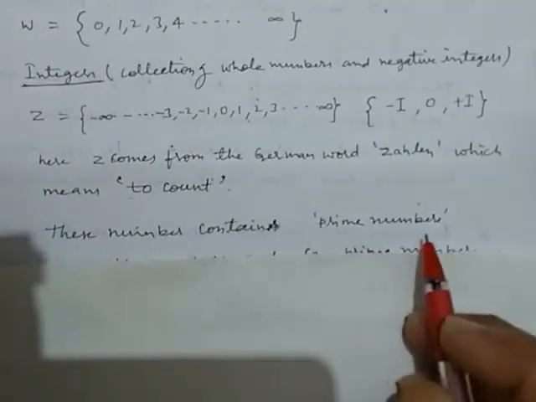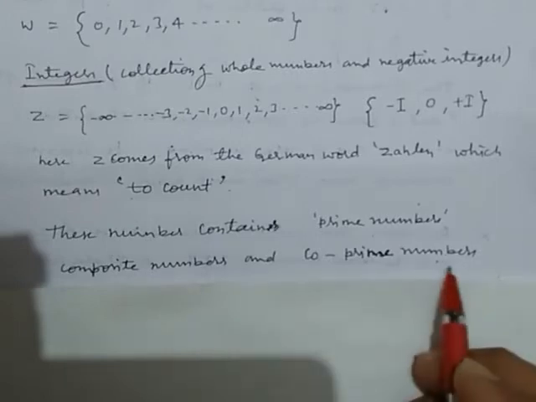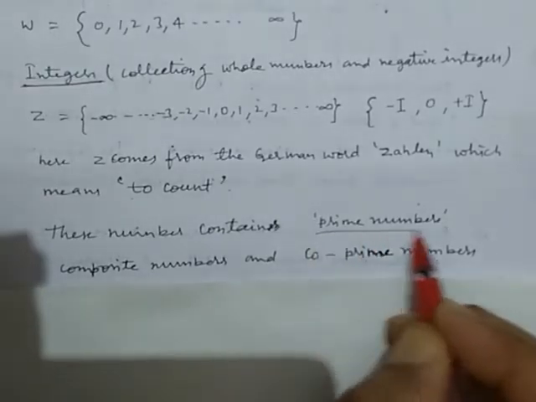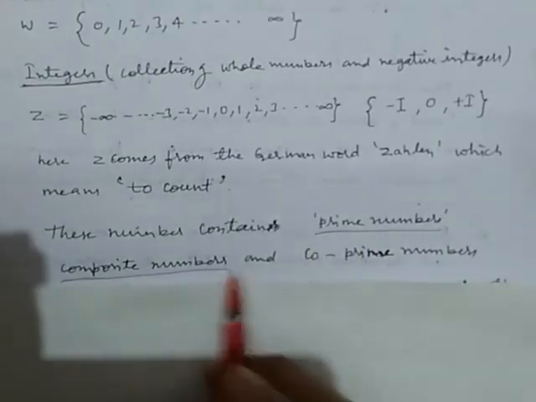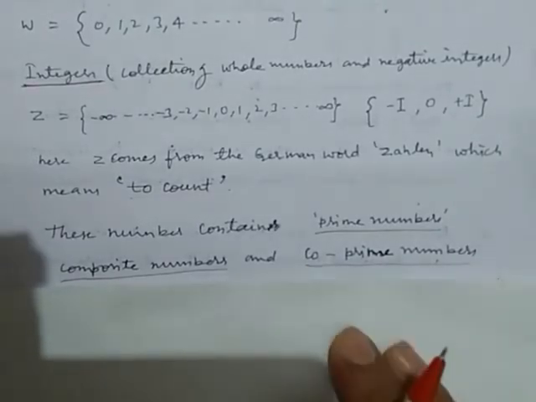These numbers contain prime numbers, composite numbers and co-prime numbers. So we have to also know about these types of numbers. Prime numbers.